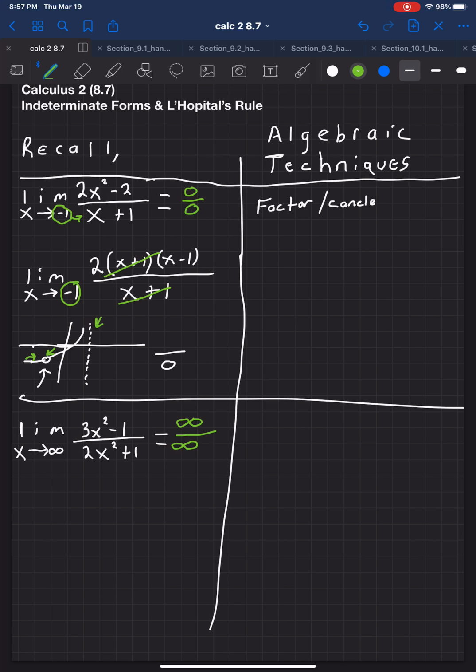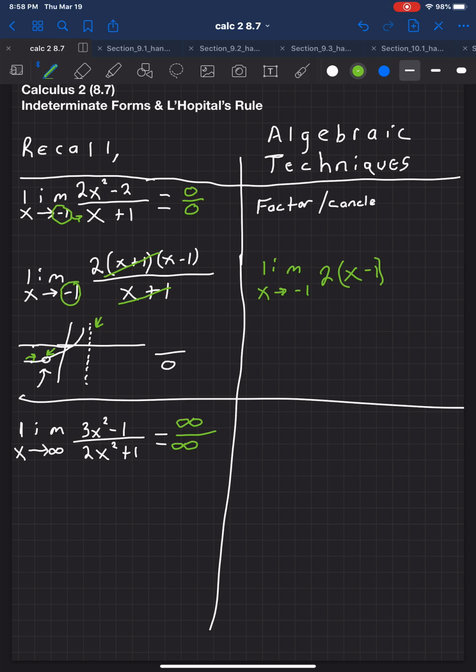So when we cancel out that common factor, what is left at that point is just the limit. x is still approaching -1, but now what's left is just 2 times x minus 1.